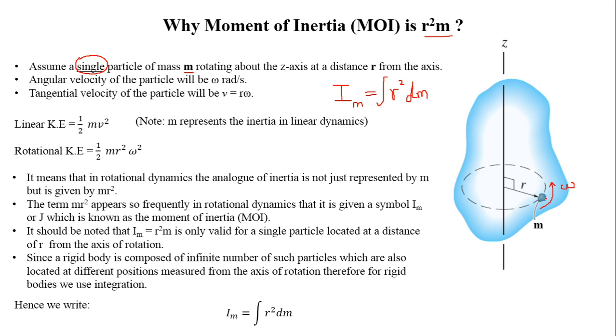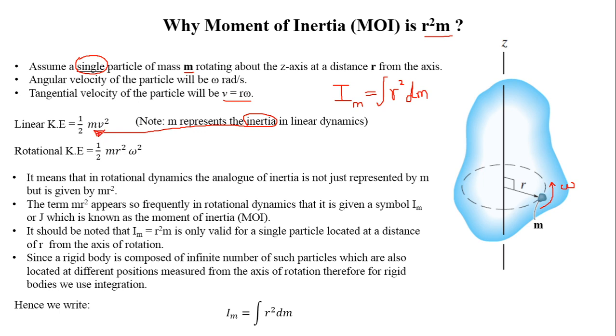second. While this particle is rotating in a circular track around this vertical axis, it will also have a tangential velocity given by r omega. So the linear kinetic energy will be given by half m v square, and note that this m represents the inertia in linear dynamics.